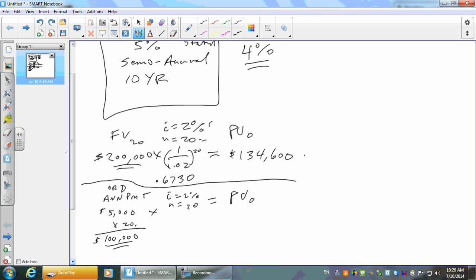What's that factor? 16.3514, and you take that times the 5,000. Remember, that's 20 factors added up, and that's at 2%. So what's 5,000 times 16.3514? 81,757. Add the two together, and you know what the whole thing is worth, right?